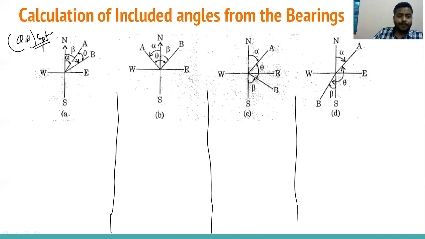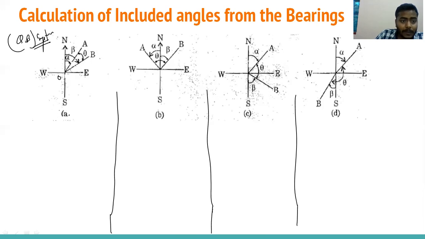Case 1: suppose this is angle OAB. The first figure, when bearings are measured on the same side of the common meridian, like north, north, and the same side towards east. In both meridians, alpha and beta are taken on the same side.